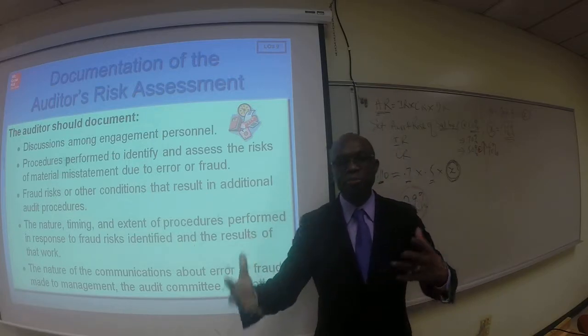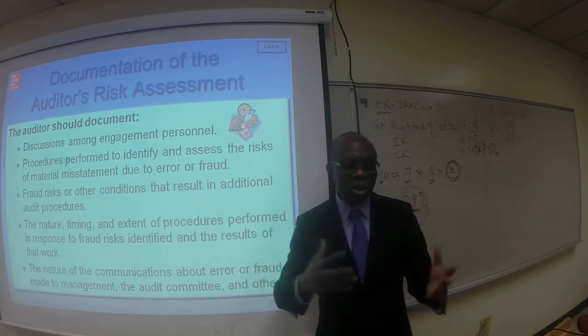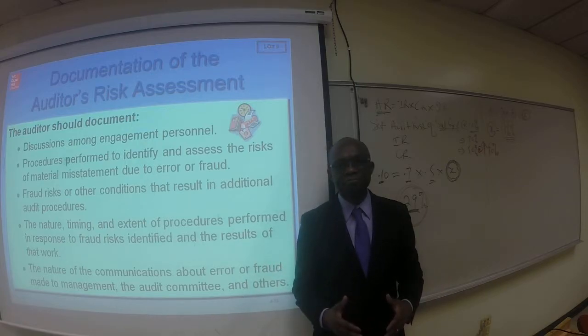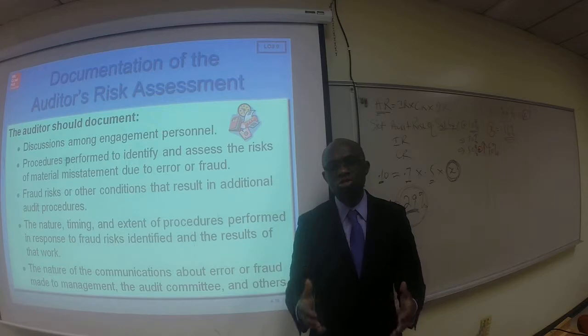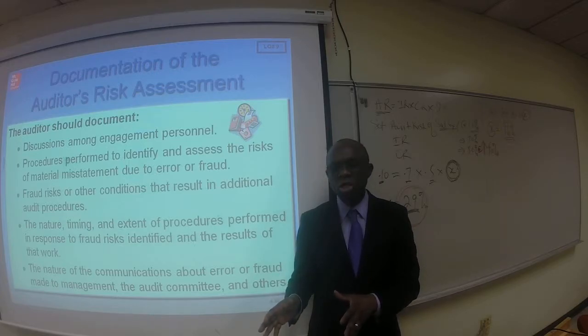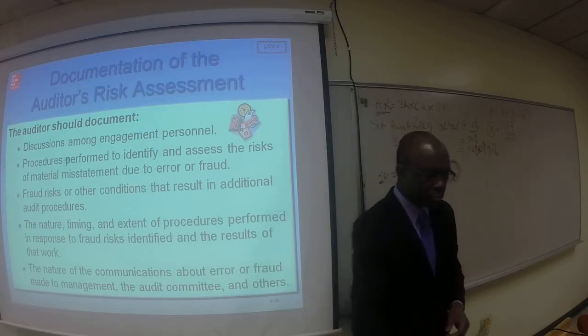We make inquiries of management and ask them whether fraud has happened or not. So we go about doing all those things. At the end of the day, you have to document everything that you do essentially during the process of assessing risk. If it is not documented, it is just as good as not doing it.